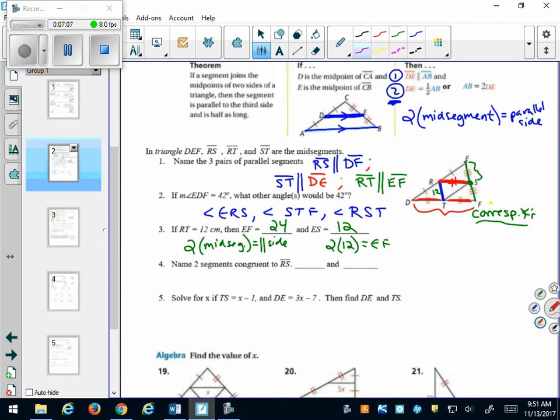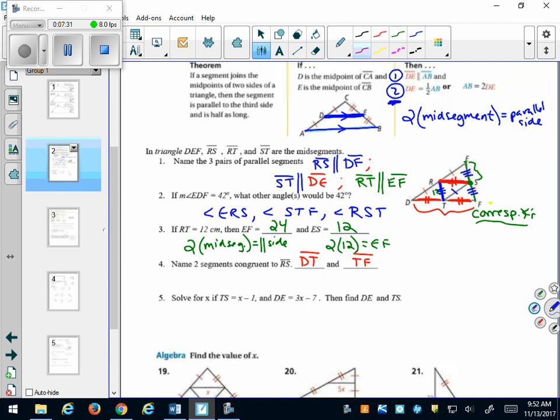I could put a double congruence mark on each of those. So DT and TF are going to be congruent to RS. We can do that in every direction, right? Here's a triple and a triple. This one would be your triple, etc.